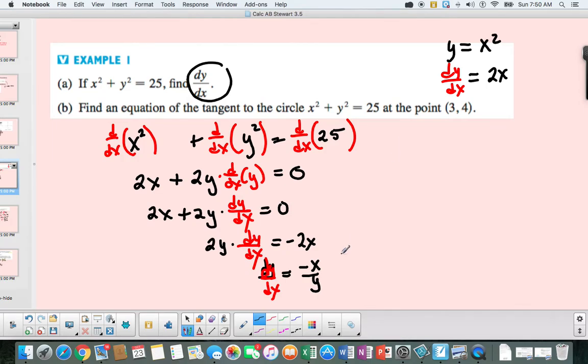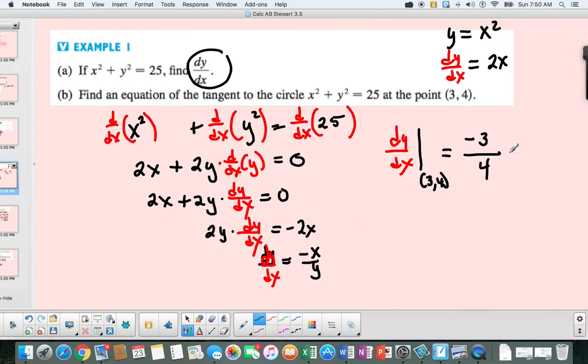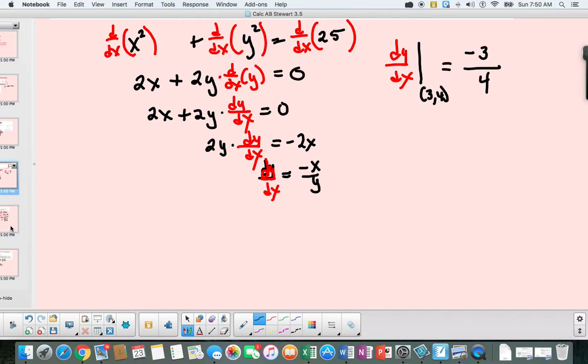Now if I want to evaluate at (3, 4), that requires me to put a 3 in for x and a 4 in for y. And this was the same derivative that we got on the last screen.